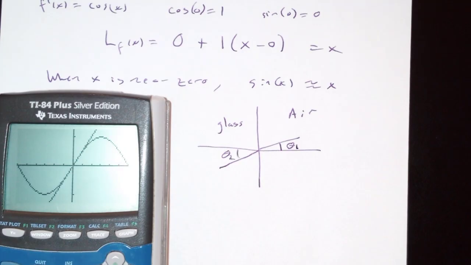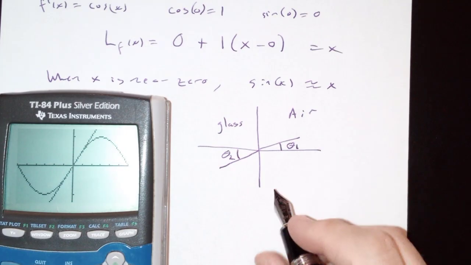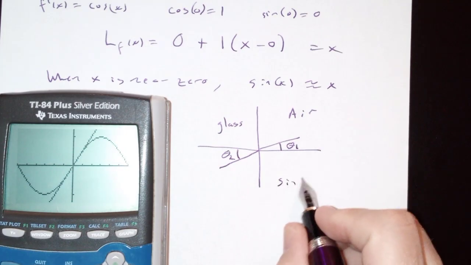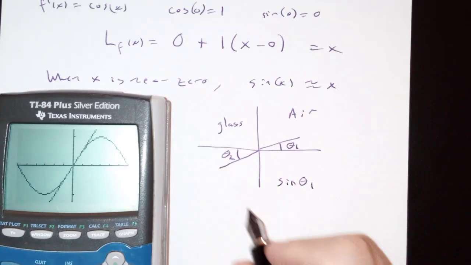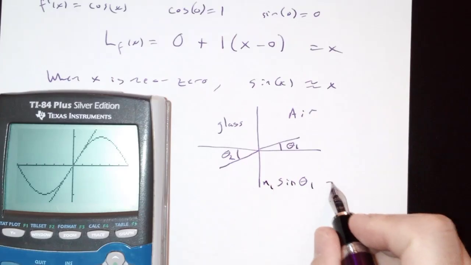So I have the light coming in, hitting the glass. It bends in the glass. It changes angle from theta 1 to theta 2. There's some coefficient called the index of refraction.